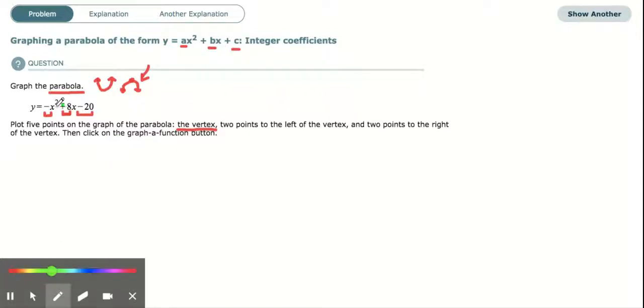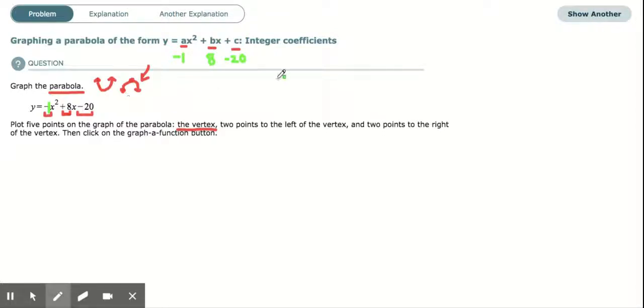The a value is right here in front of the x squared. Since there's no number, it is just a -1 because there's -1 x squareds. So a is -1. B is this number in front of the x, which is +8. And our c value is -20. Notice we're using the sign in front of the coefficient. It's really important. This is where a lot of people make mistakes, not including the sign here.